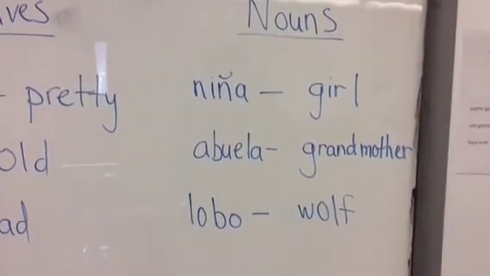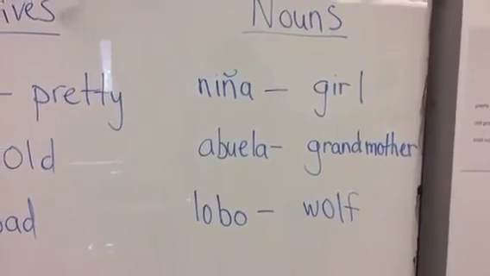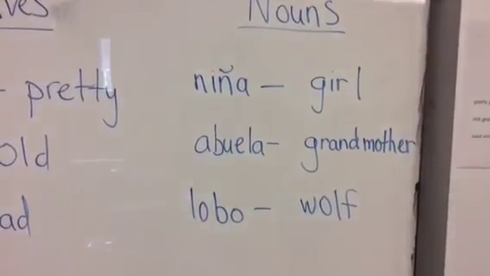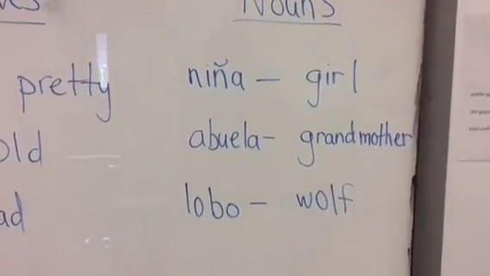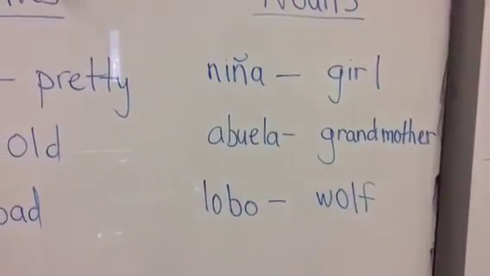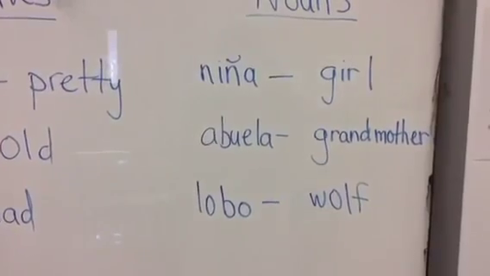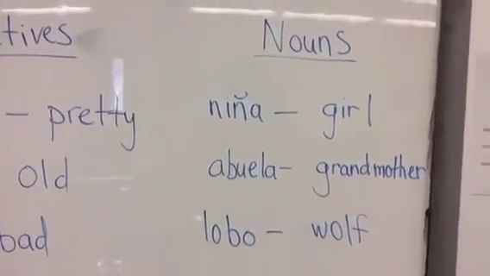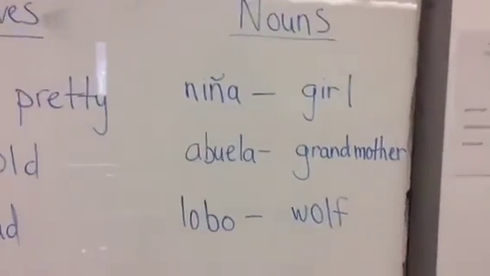If a noun ends with an A, it is feminine. And if it ends with an O, it's masculine. So niña and abuela are feminine nouns. Lobo is a masculine noun.